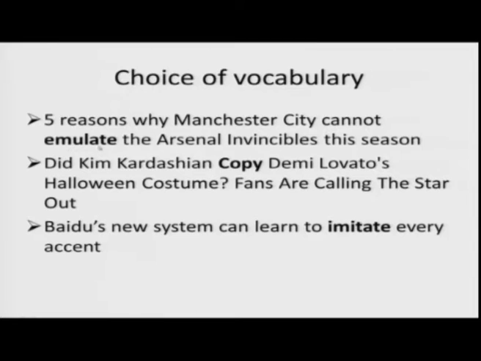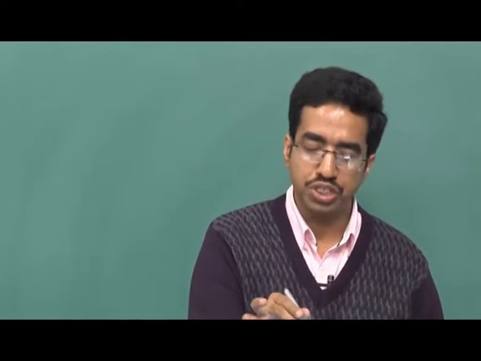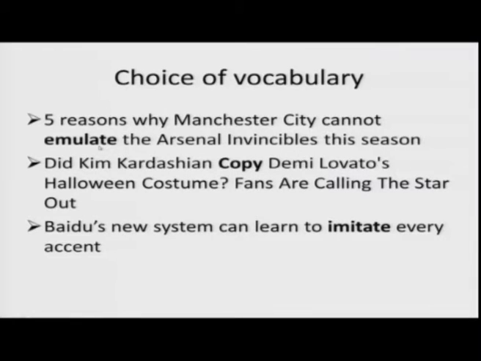When you look at the word emulate, this also means copy something or somebody, but the word emulate always has a positive connotation. So, you have an ideal person, an ideal organization, and you want to behave just like that ideal you have. Here this is a positive connotation. In the second sentence, copy has been used in the negative connotation.